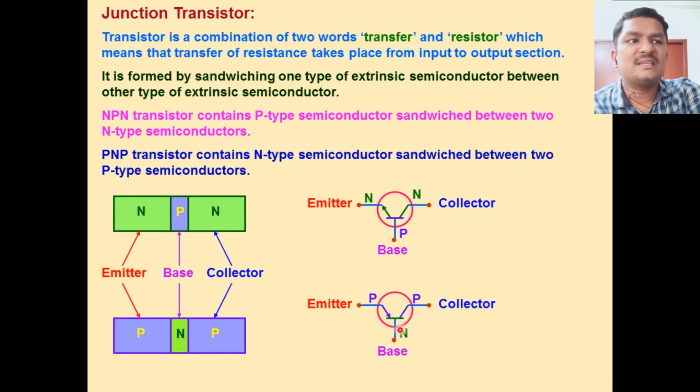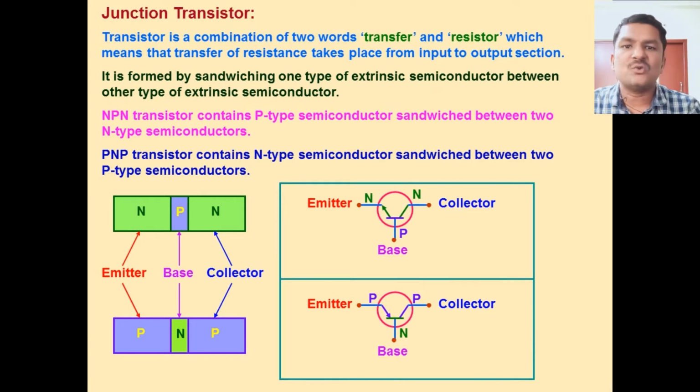And this is the symbol of a PNP transistor. In the diagram, the arrow represents the direction of conventional current. In the case of a PNP transistor, the conventional current is from emitter to base.